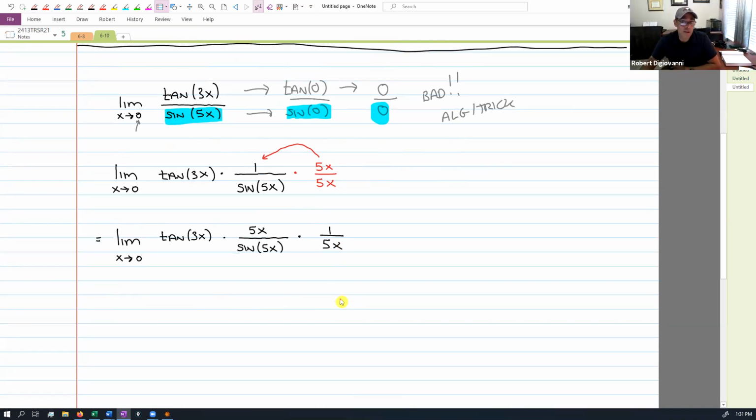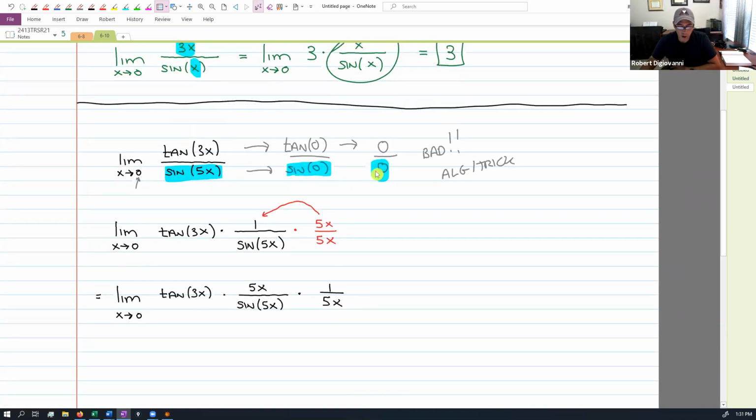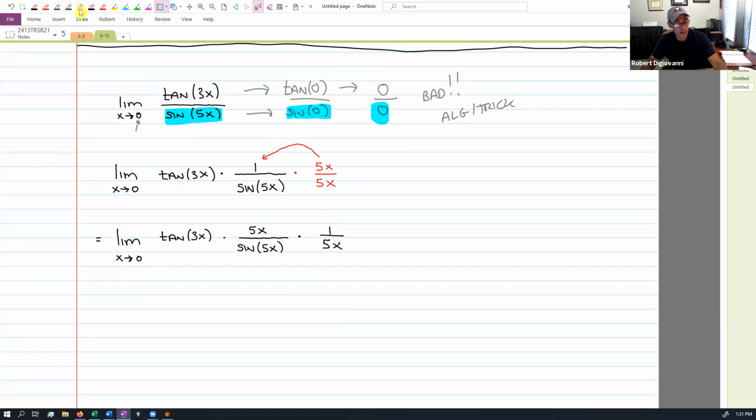Okay, so let's see what we accomplished. Remember the problem was the division by 0 that was being created by the sine of 5x. So I peeled it away. I said, let me fix this by making a 5x appear on top. Now if we take the limit again, we know that tangent of 3x goes to tangent of 0, which is 0.